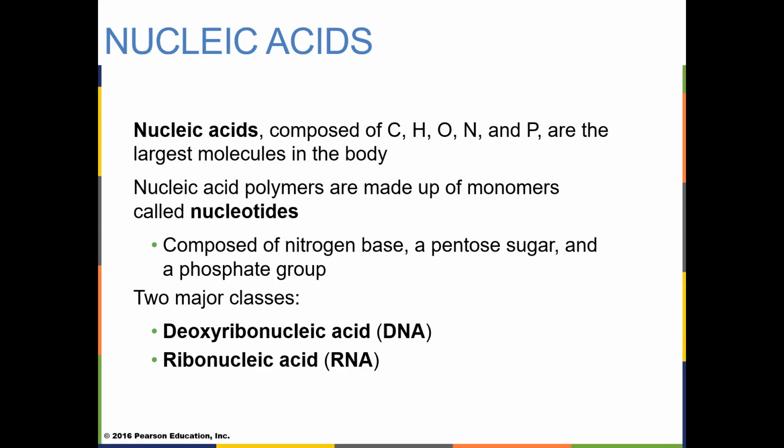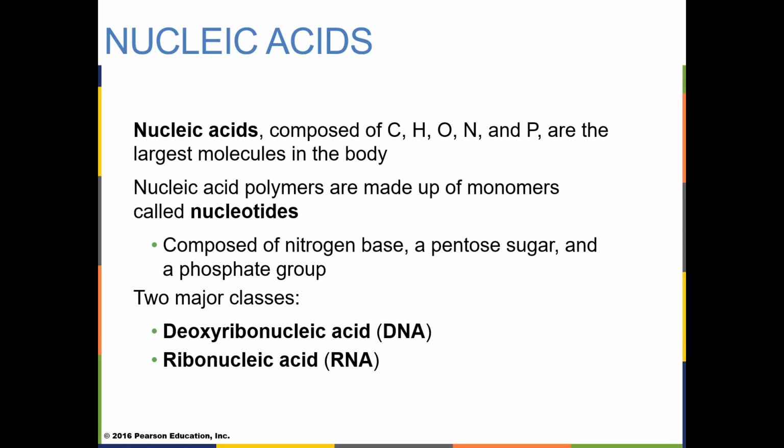The nucleic acid polymers are made up of monomers called nucleotides. And these polymers of nucleotides are the largest, longest, I tripped over that word last time. They're the largest molecules in our bodies. A DNA molecule, one of the nucleic acids, can be over 6 feet in length.